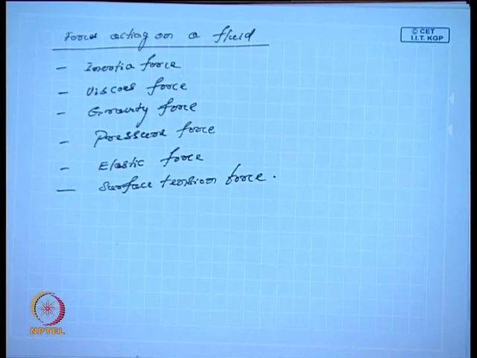So, these are some of the major forces which act on a fluid element and a fluid.